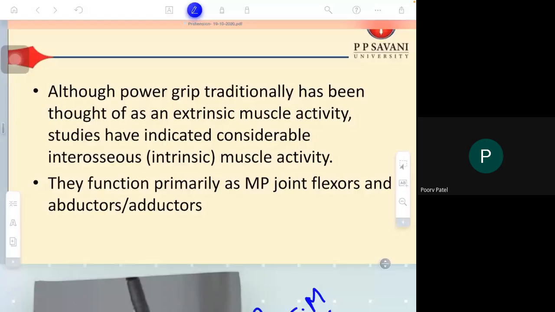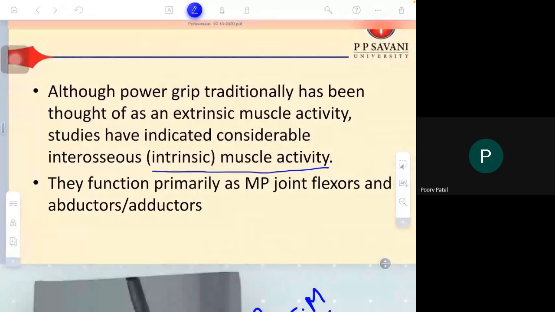Although power grip traditionally has been thought of as an extrinsic muscle activity, studies have indicated that there is considerable intrinsic muscle activity also. Clear?